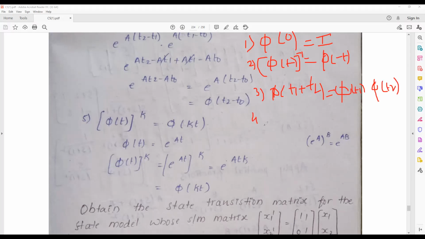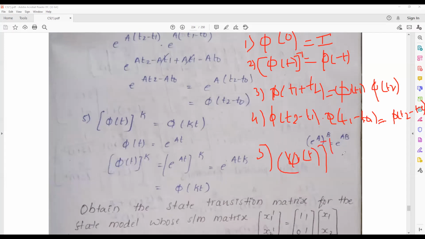Fourth one, phi of t2 minus t1 into phi of t1 minus t0 is equal to phi of t2 minus t0. Last one, phi of t whole power k is equal to phi of kt. These five properties are very important.